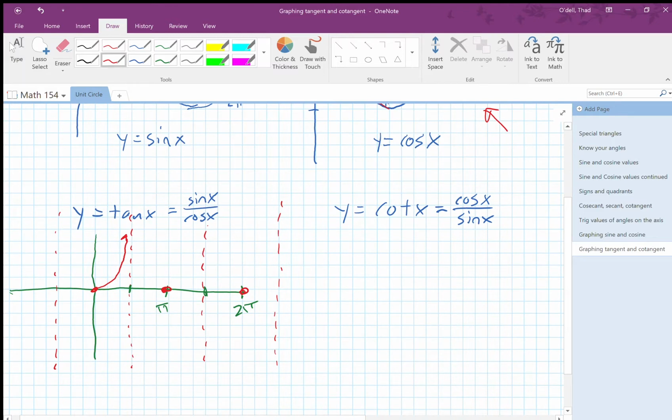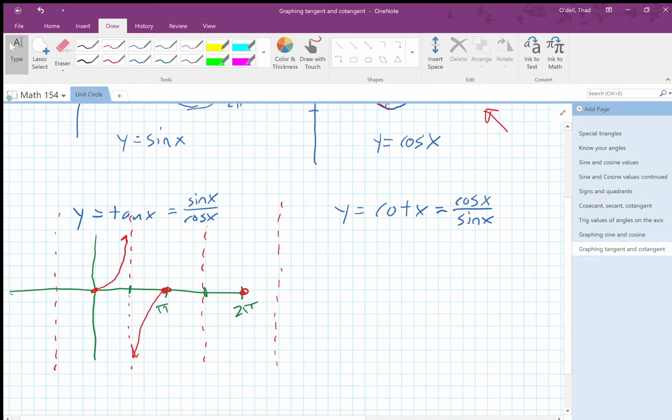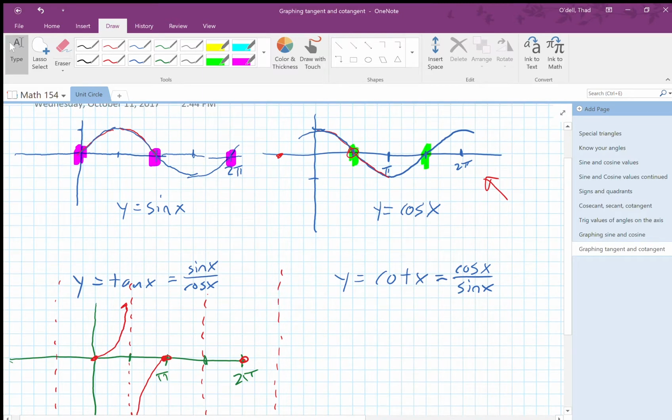So we have something like this. And then once you get back to here, both sine and cosine are negative. So that means you're going to have a positive overall. So it's heading up like that.